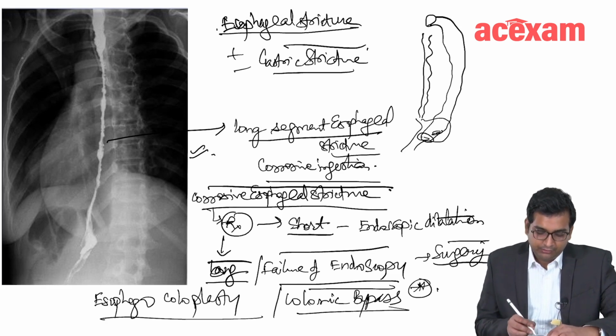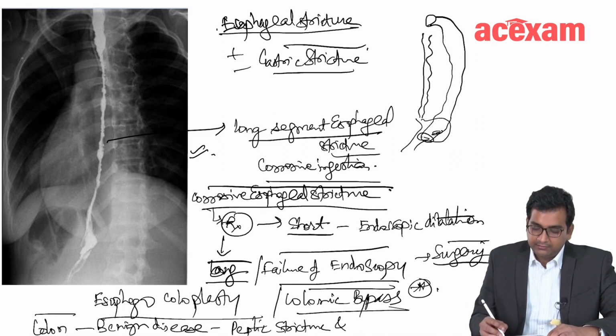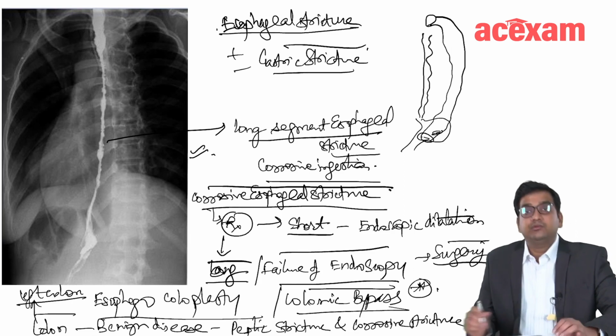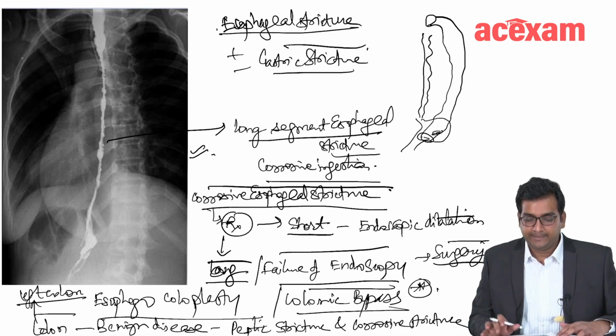The conduit of choice in benign diseases like peptic stricture and corrosive stricture is colon. Which colon? Left colon. This is the preferred conduit of choice in these cases.